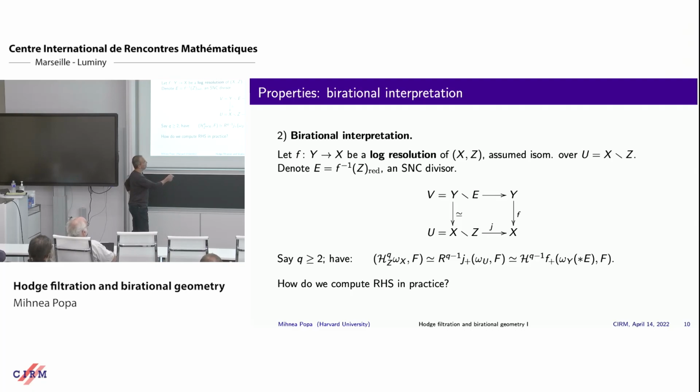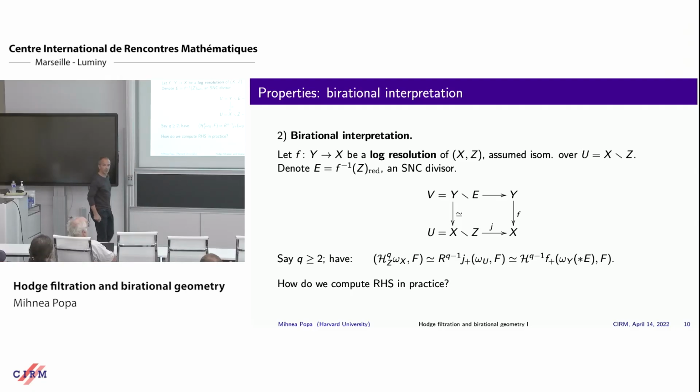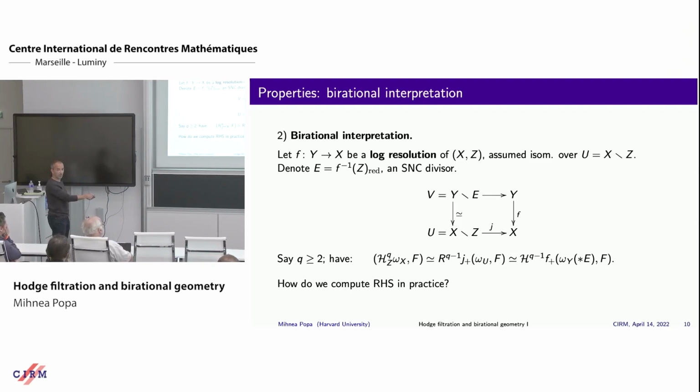You could go this way, push forward by this open embedding, but U is also present upstairs as the complement of E. So you could also push forward over the simple normal crossing divisor E, and then push forward by this proper birational map to obtain local cohomology. I wrote some stuff here, which is exactly what I said, but in the world of filtered D-modules.